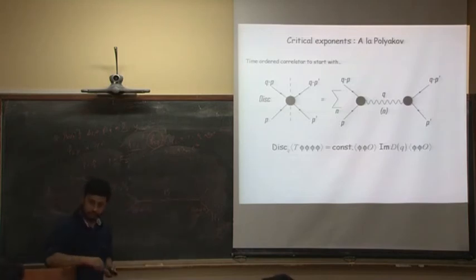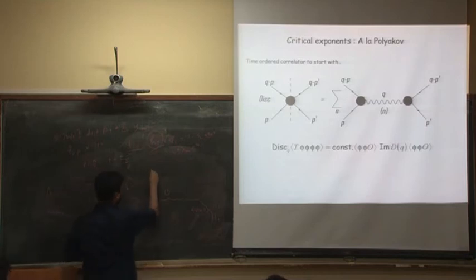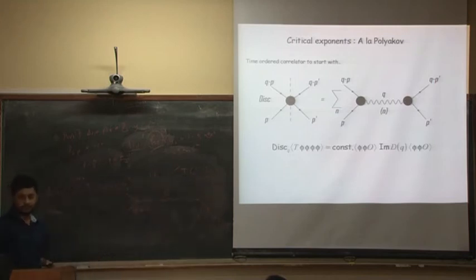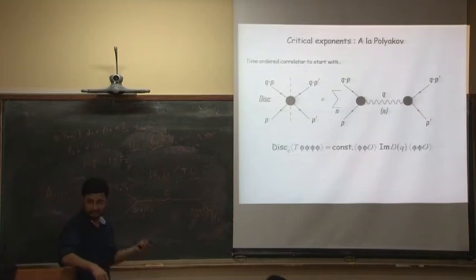And for the discontinuity of that, you use the time-ordered 2-point function. That's right. So D of Q is, in momentum space, so this looks very much like a unitarity equation. Yes, exactly. Unitarity is actually built in.